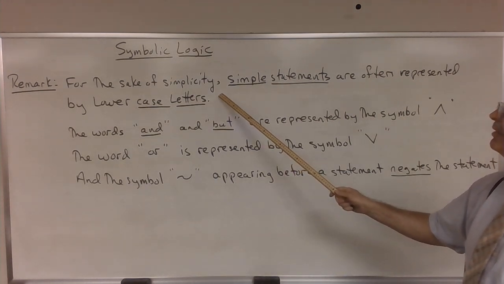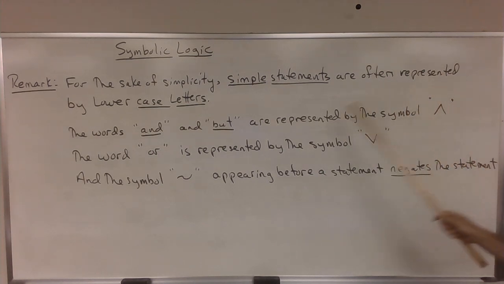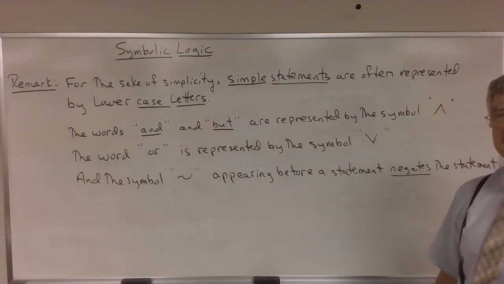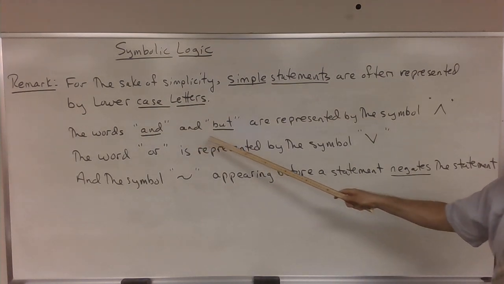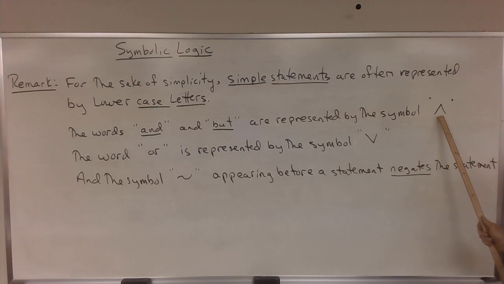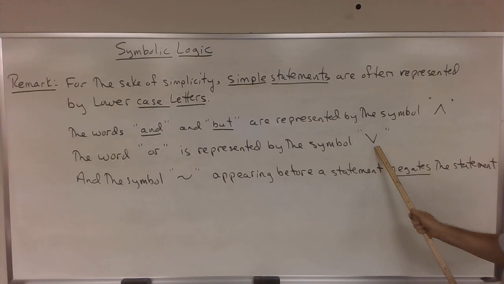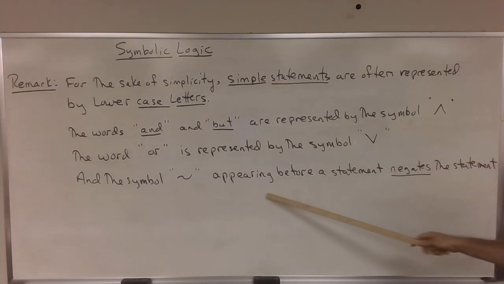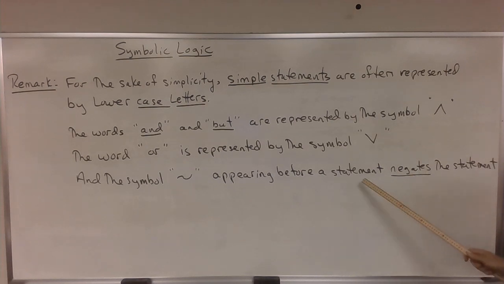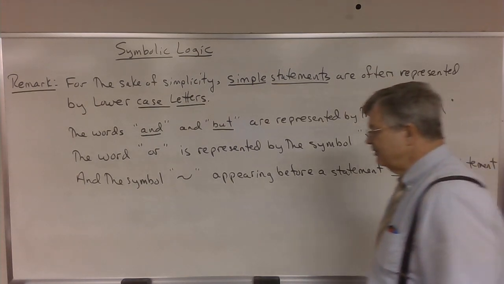And we read, for the sake of simplicity, simple statements are often represented by lowercase letters, P, Q, R. The words and and but are both represented by this symbol, an upside down V. The word or is represented symbolically by this thing that looks kind of like a V. And then this squiggly line right here, if it appears before a statement, has the effect of negating the statement. Let's do some examples.